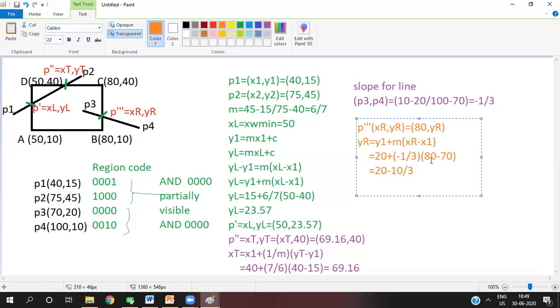Okay, so after calculating this, what is the value? Let's calculate it quickly. After calculating it, 10 divided by 3, 16.67.